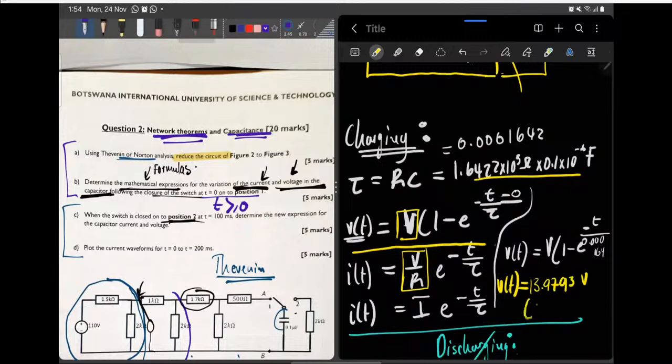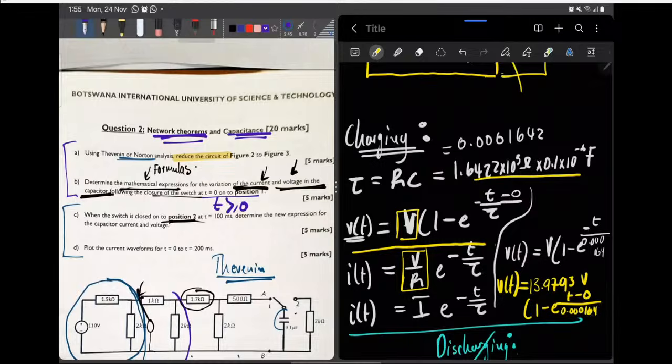Then multiplying 1 minus e to the, we now say it is t minus 0, over your tau, which we found to be 0.0001642.